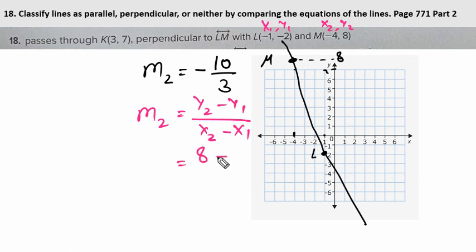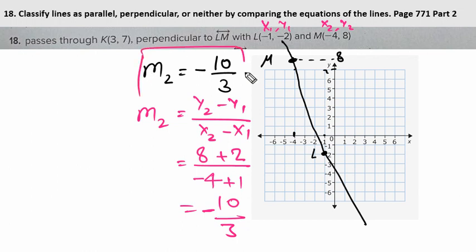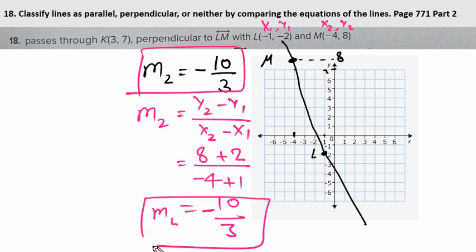So y2 is 8 minus y1 which is minus 2, so minus minus plus, 8 plus 2 is 10. For x, negative 4 minus negative 1, again minus minus plus, negative 4 plus 1 is negative 3, so I put 10 over negative 3. As you can see, I found the slope using the graph and here using the formula. In both cases we are getting the same answer.